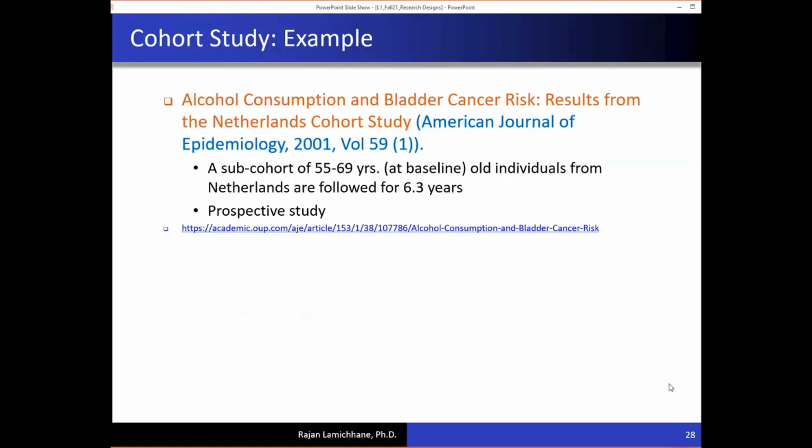Here is one example of a cohort study: alcohol consumption and bladder cancer risk. This was a cohort of individuals from 55 to 69 years. They were studied for 6.3 years. If you want to see more details, you can read this article.